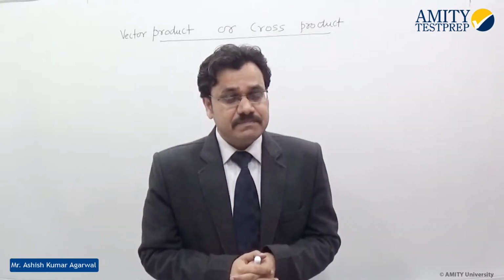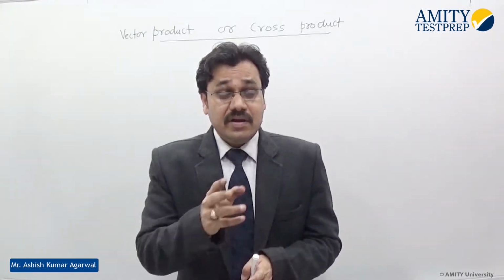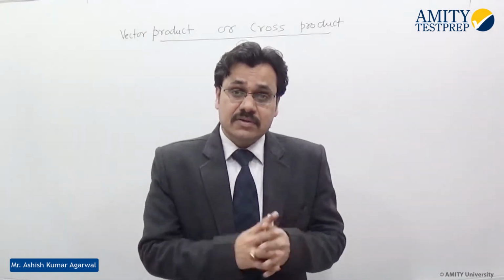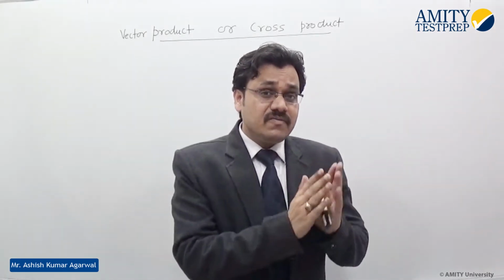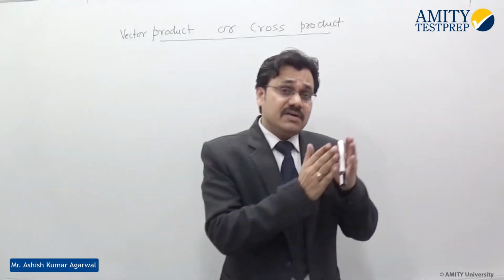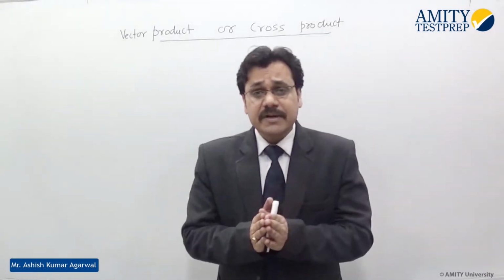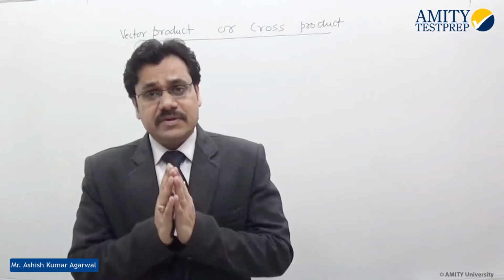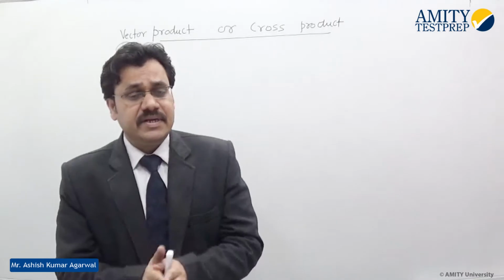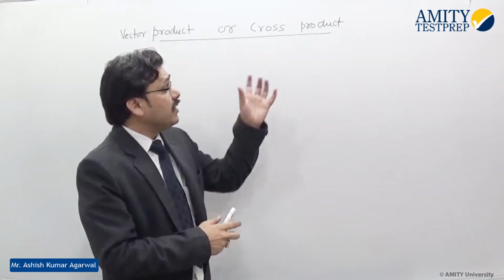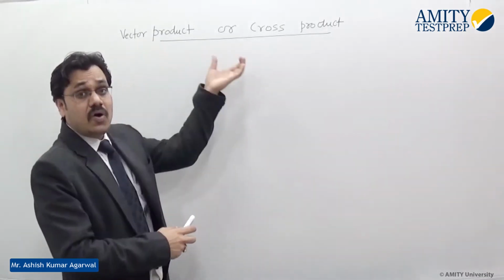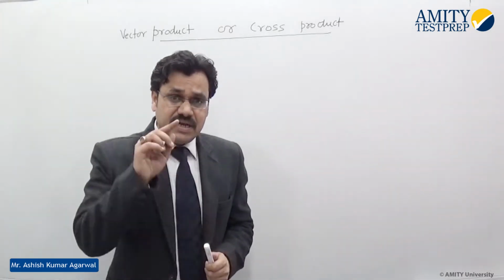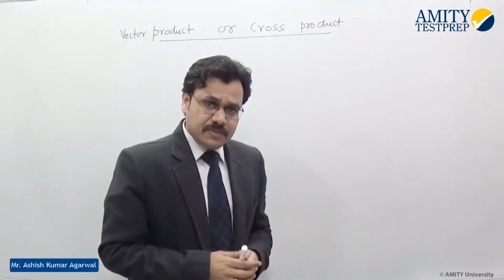Torque is a vector quantity here, but when we take the dot product of force and displacement, we get work. So sometimes multiplication of two vector quantities gives a scalar quantity, and sometimes a vector quantity. So for vector quantities, we define another multiplication known as the vector product or the cross product, because we put a sign of cross, that's why it is also called the cross product.